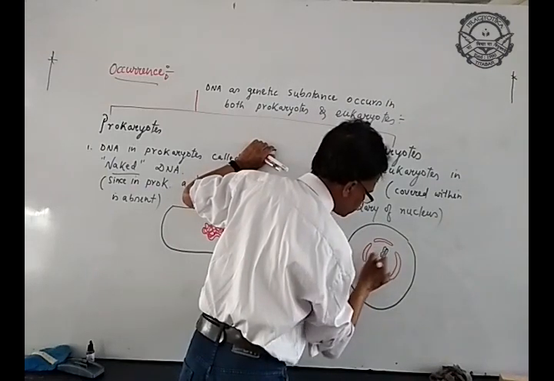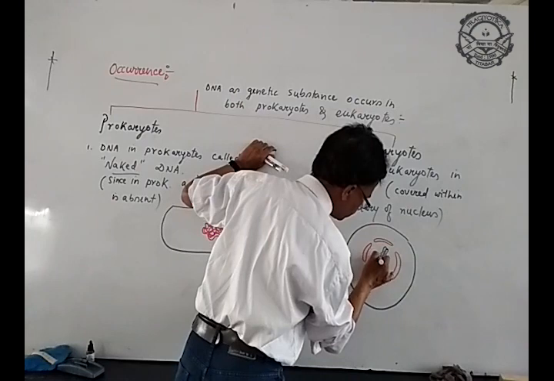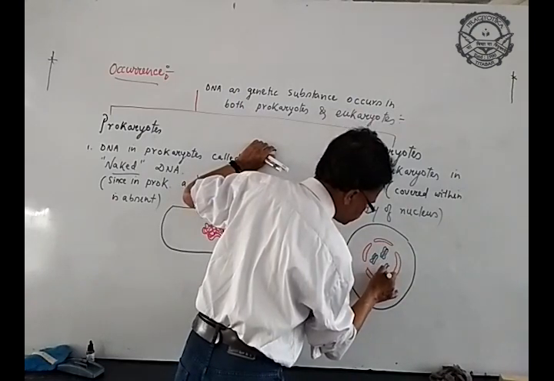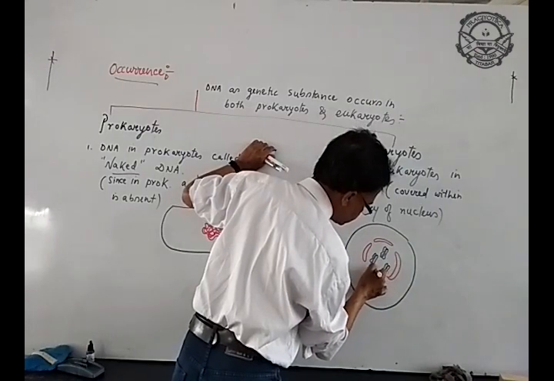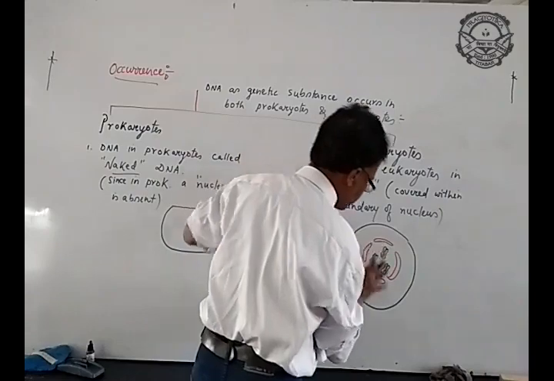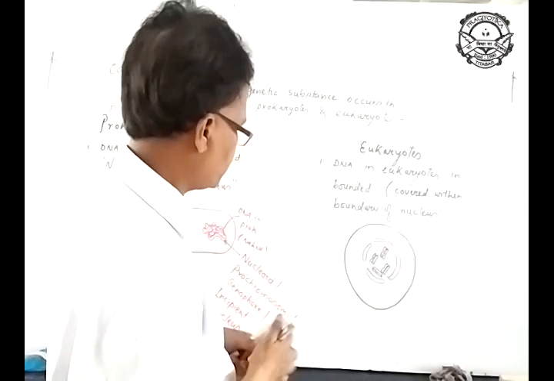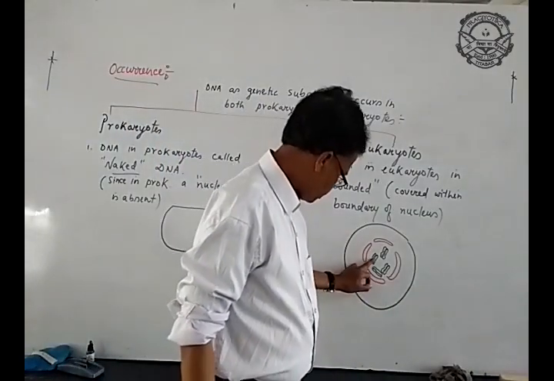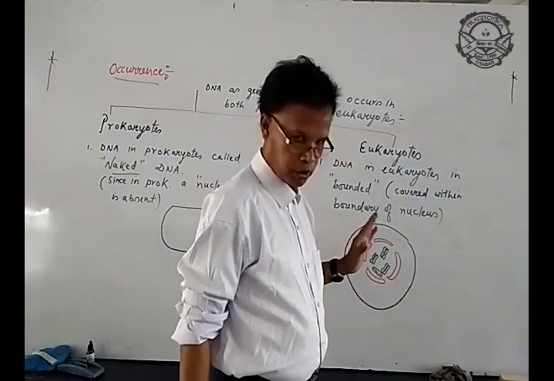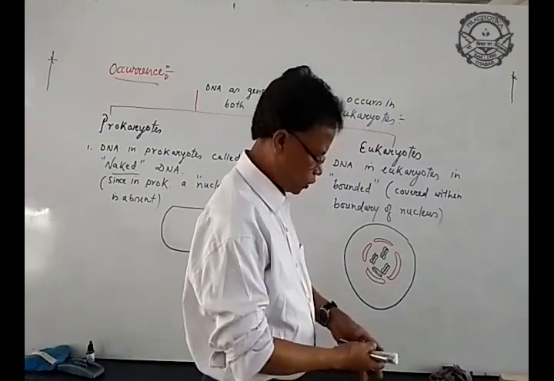This is a pair of chromosomes, this is another pair, another pair, and another pair. If I consider this a human cell, it has 23 pairs of chromosomes, but I am showing only 4 pairs here.